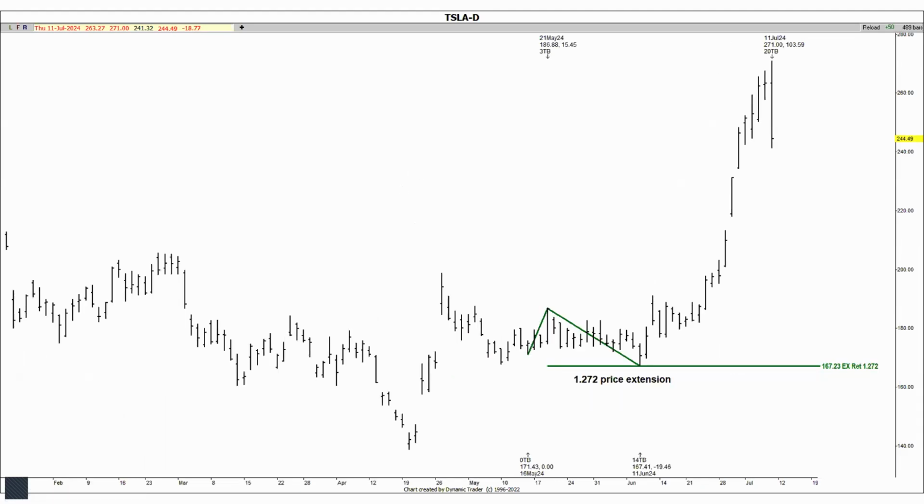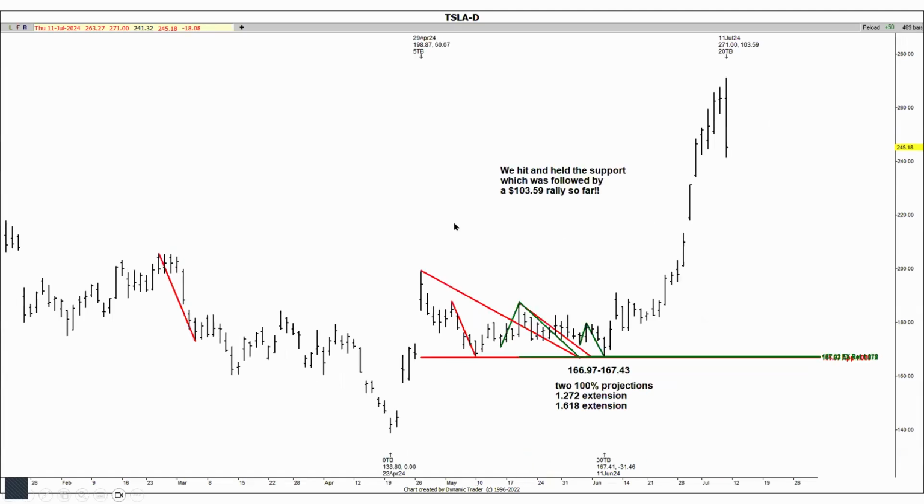And then here's yet another. We have another low to high swing extended, the 1272 extension coming in at 167.23. Okay, let's see if that might be it. Yeah. So that's what created or identified this price cluster in Tesla.